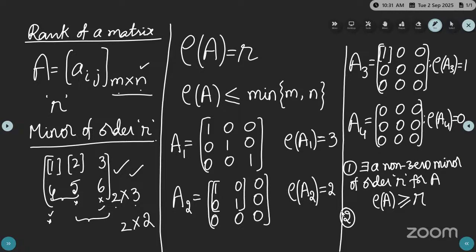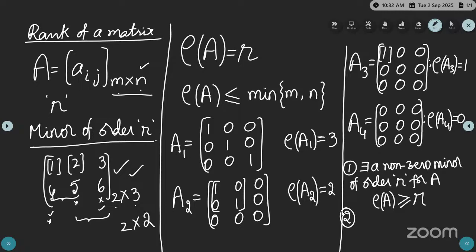చెప్పమ్మా, నిన్నే అడుగుతున్నా. What is the rank? చూడమ్మా, A4కి all minors of order 3 are zeros కదా? అంటే 3 by 3 సబ్ మ్యాట్రిక్స్ తీసుకొని దానికి డిటర్మినెంట్ తీసుకుంటే 0 వచ్చింది.